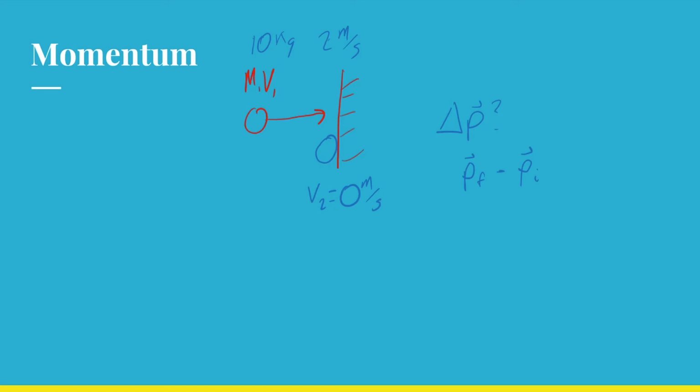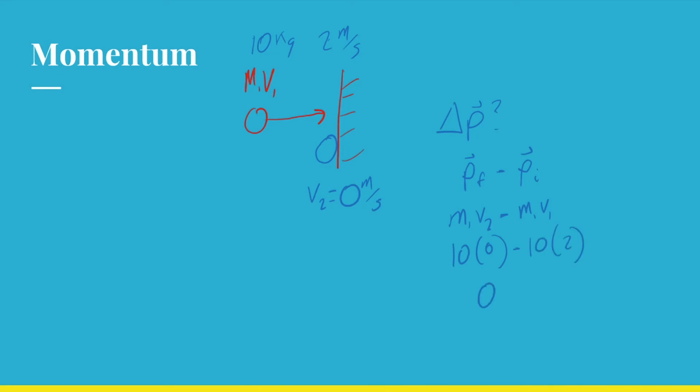The delta P can be written as M1 V2, because it's the same mass, minus the initial, which was M1 V1. So I'll plug in my values. I've got 10 times 0 minus 10 times 2.